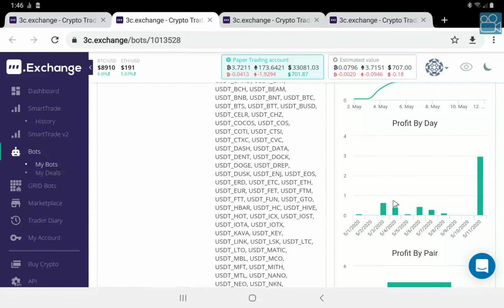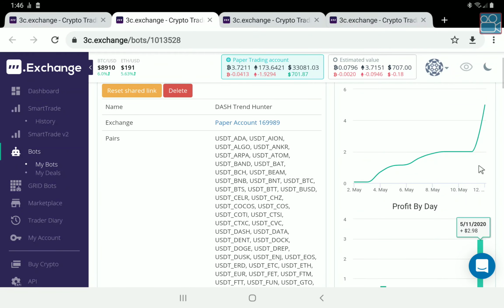And as you can see, it really does pretty decent considering. $3 just within one day. $2.98. So don't be afraid to use a trailing take profit and sell by strategy, meaning you using the selling alerts as well. The combination does work well depending upon what you're trying to achieve.